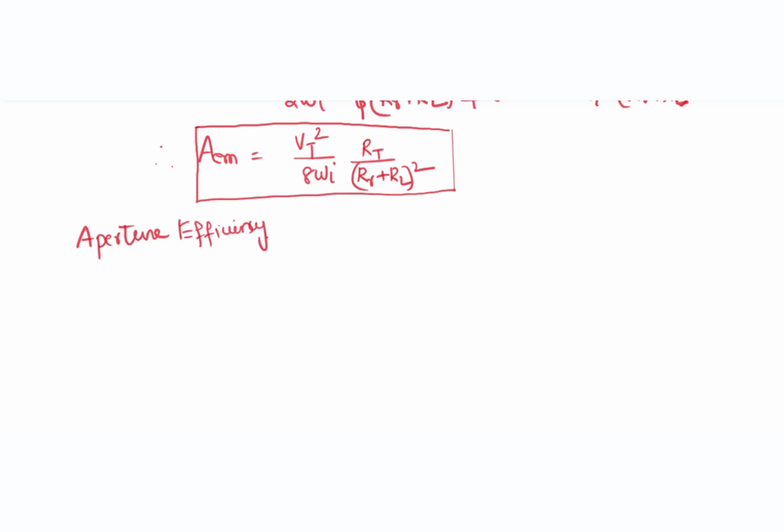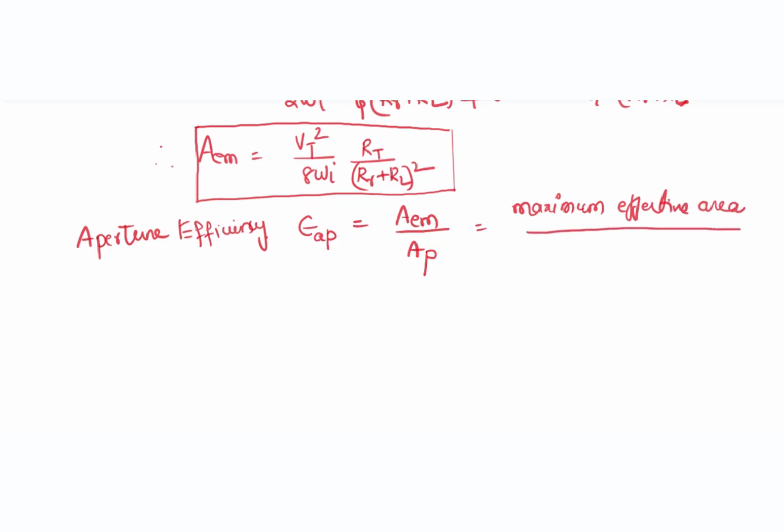The aperture efficiency is represented with epsilon AP. That is the ratio of maximum effective aperture and the physical aperture. What is this? Maximum effective area or aperture divided by physical area.